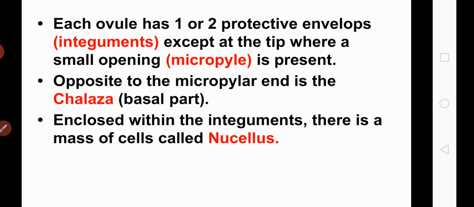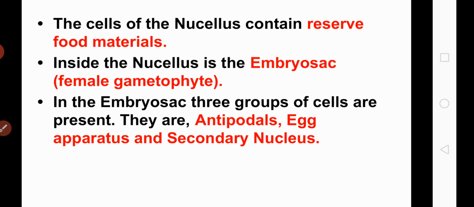Enclosed within the integuments there is a mass of cells called the nucellus, and the cells of the nucellus contain reserve food materials. Inside the nucellus is the embryo sac, which is also called the female gametophyte. In the embryo sac three groups of cells are present. They are antipodals, egg apparatus and secondary nucleus.